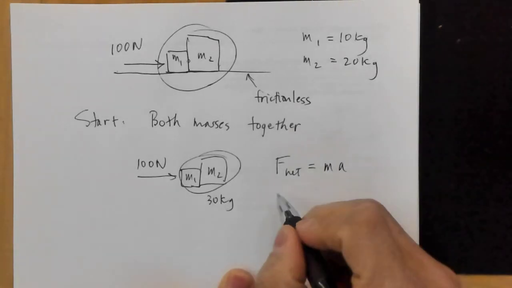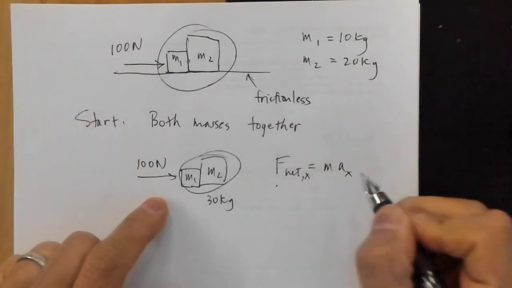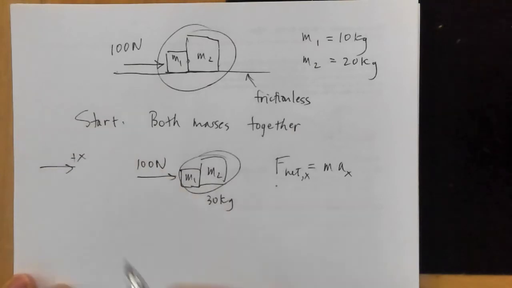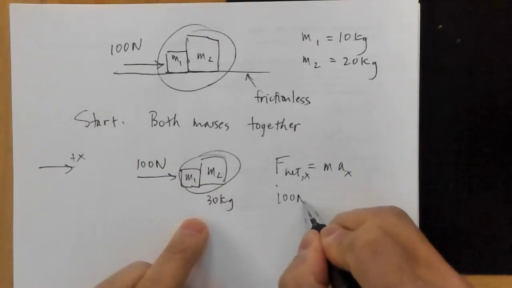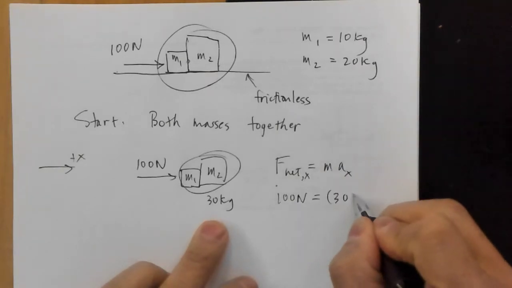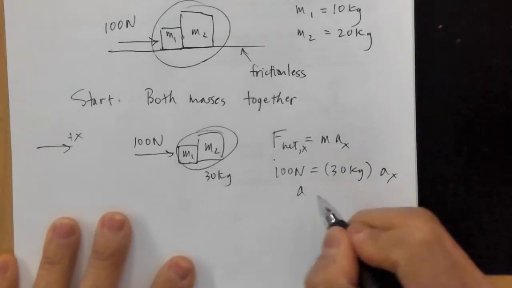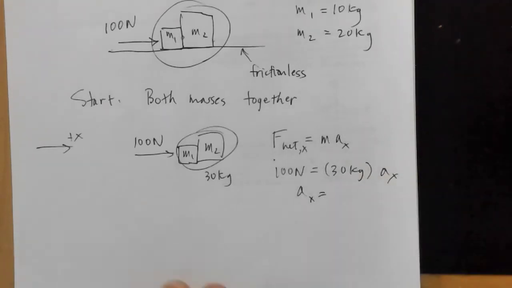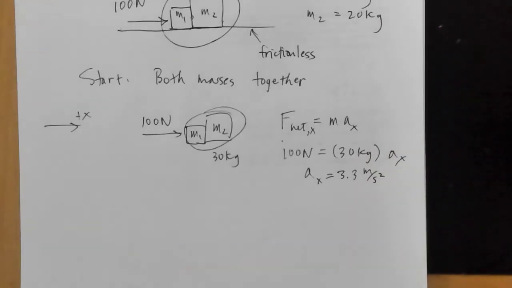We're only going in the x, so let's do everything in the x direction. This will be positive x direction. The net force in the x direction is 100 newtons equals the mass, which is 30 kilograms, times the acceleration. And so the acceleration is equal to 100 divided by 30, or 3.3 meters per second squared. Everybody's good on that?